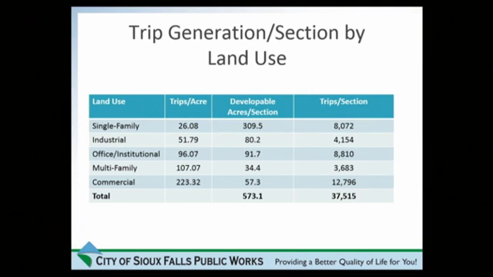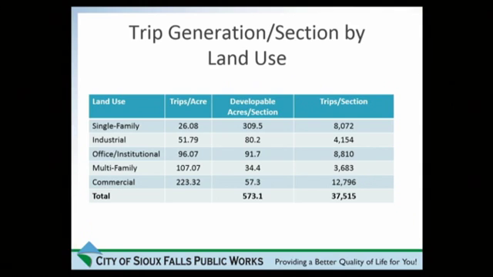Okay, a few slides back, we calculated the trips per acre, and for single family, we said it was 26.8. Now we're multiplying that by the developable acres per section. So for single family, it's 309.5, which gives us trips per land use.